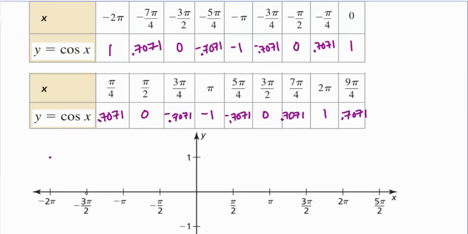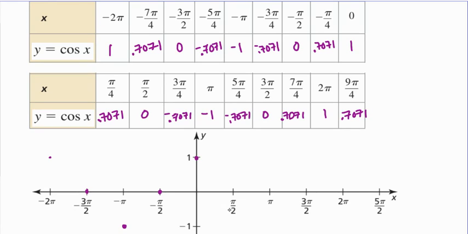At negative 3 pi over 2, our table says the function comes down to 0. At negative pi, the table says we're down at negative 1. At negative pi over 2, we go to our table and it says the function has a value of 0. When x is 0, I go to my table and it says the y value is 1.